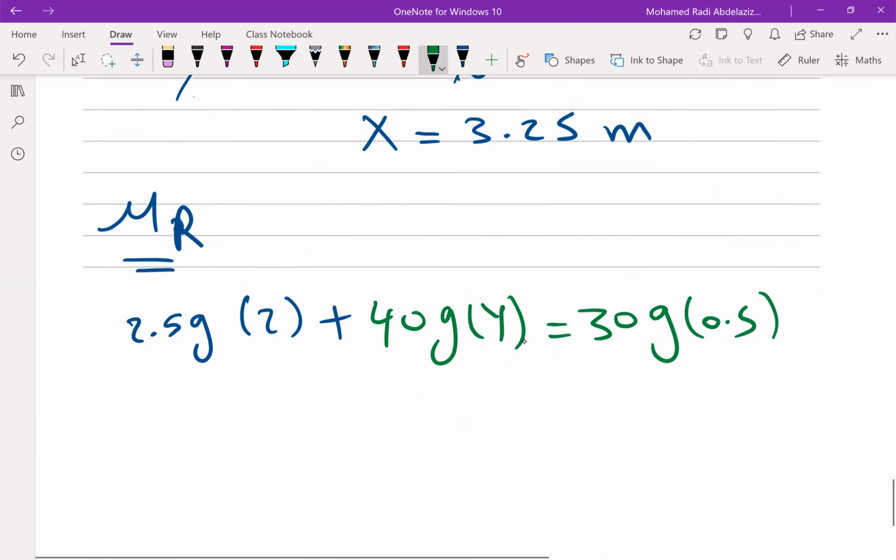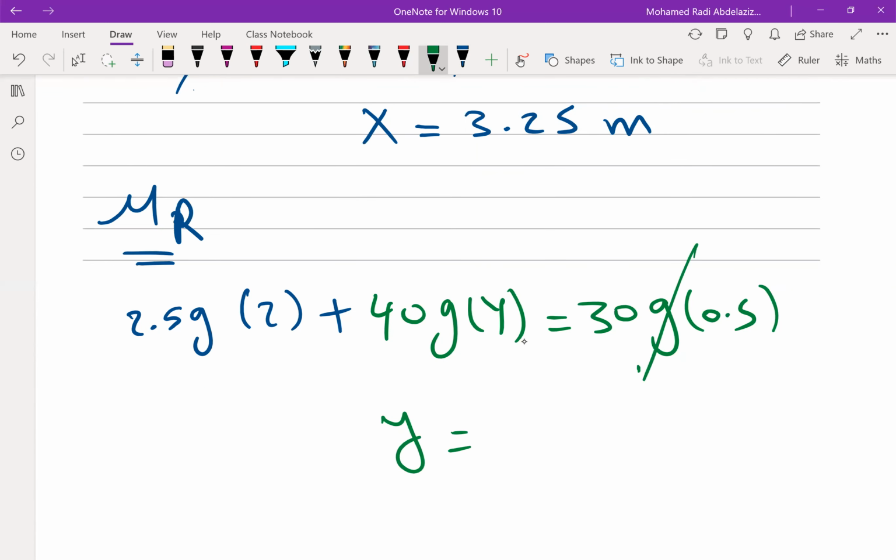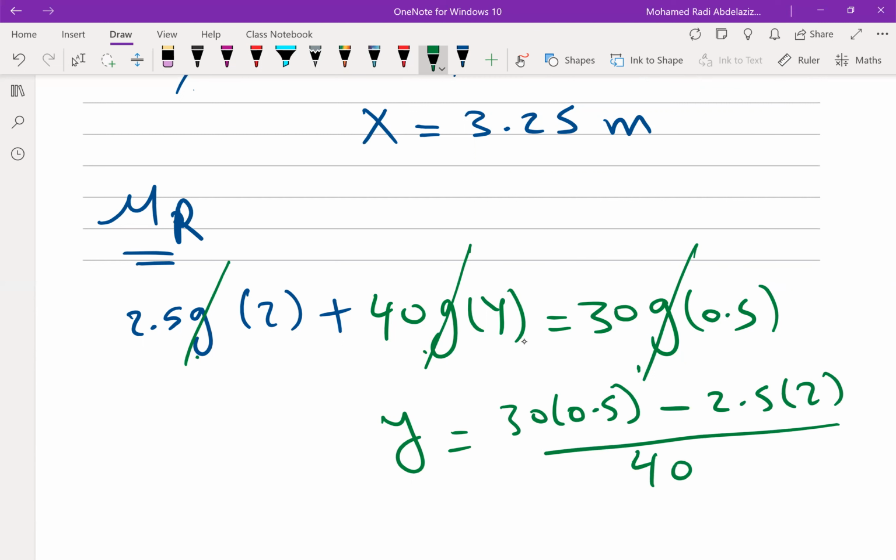From this equation, you can find the value of Y divided by G will be 30 multiplied by 0.5 minus 2.5 times 2 divided by 40. This value Y will be 30 times 0.5 minus 2.5 multiplied by 2 whole divided by 40. So the final answer is 0.25.